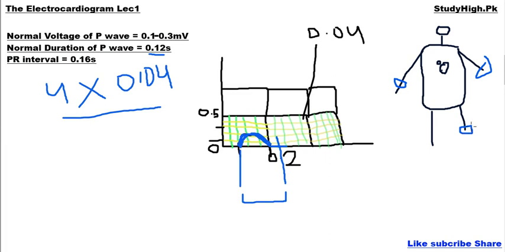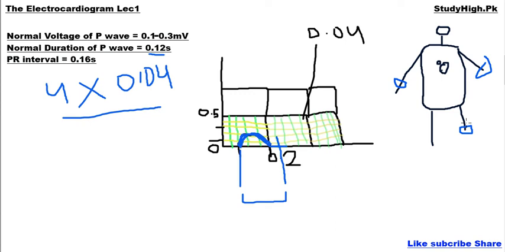So the normal range of voltage for the QRS complex that we are discussing is when the electrodes are placed on the right and left arms or on the left leg. Not electrodes but leads, that we will also discuss in our next lecture.